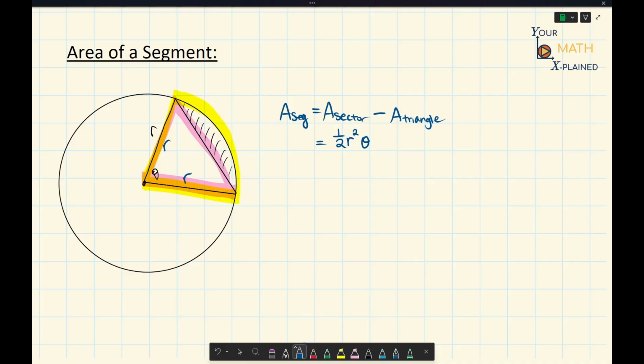And then our angle C, which is in between the sides A and B, is angle theta. So therefore, the area of this triangle is going to be 1/2 multiplied by r, multiplied by another r, and then multiplied by sine theta. So if we go ahead and simplify this, we end up with the area of a segment is 1/2 r squared multiplied by theta minus sine theta.